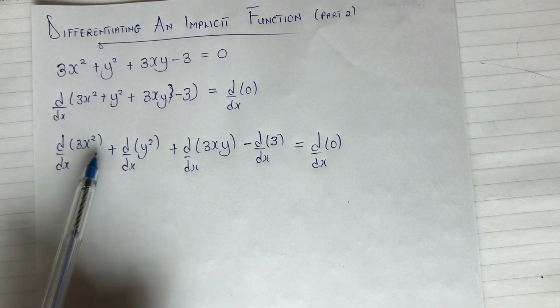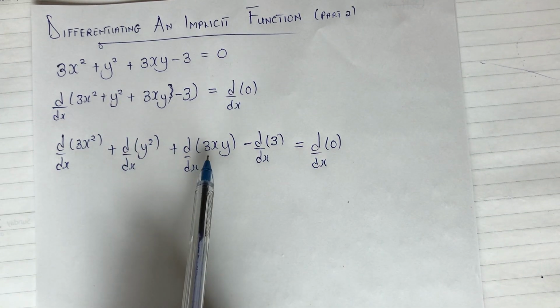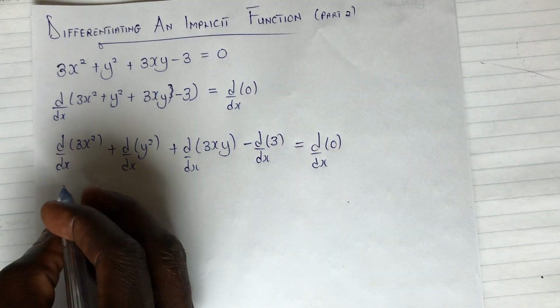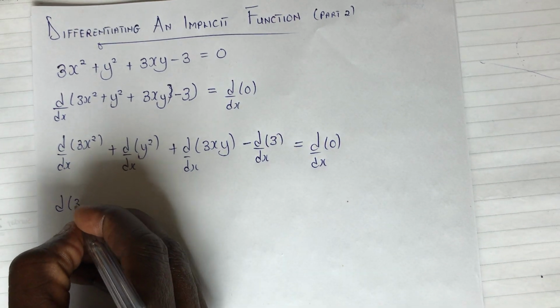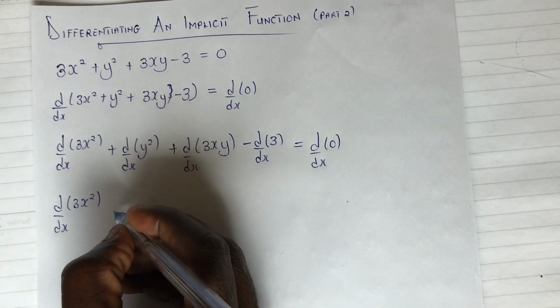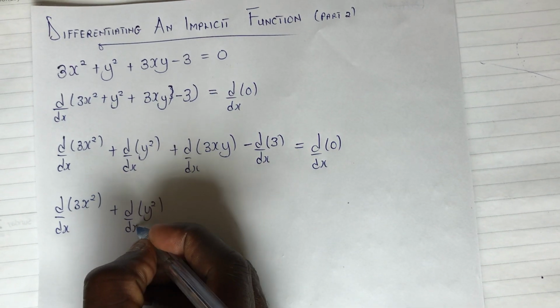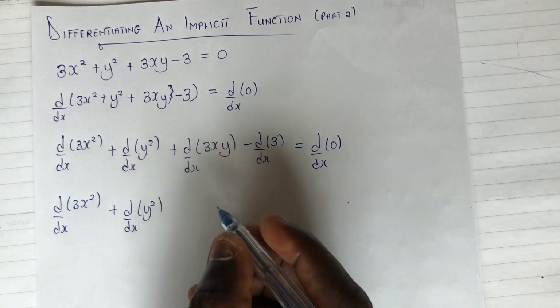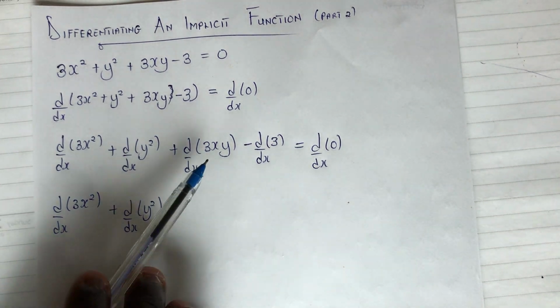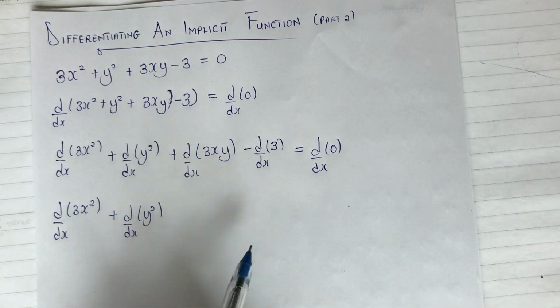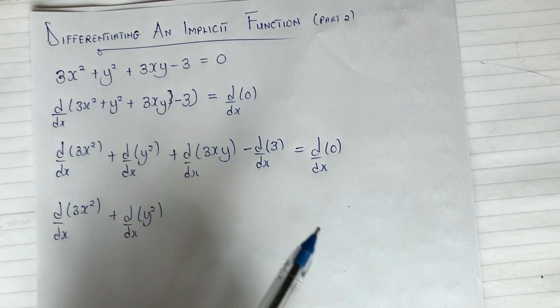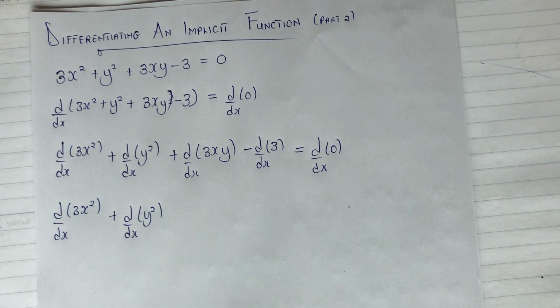So let's repeat the other sides and then we apply the product rule here. d/dx of 3x squared plus d/dx of y squared. Then there is a variable multiplying this. For simplicity's sake, factorize that variable out before you apply the product rule. That is the easiest method.